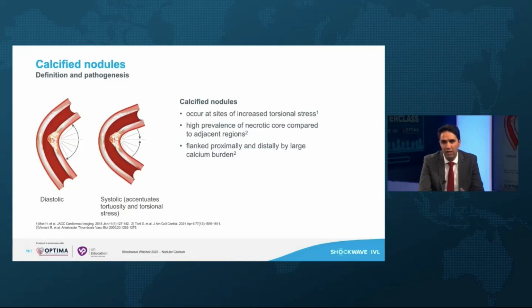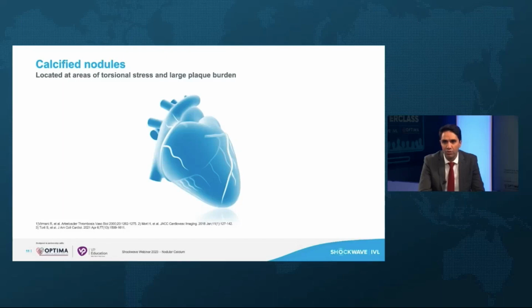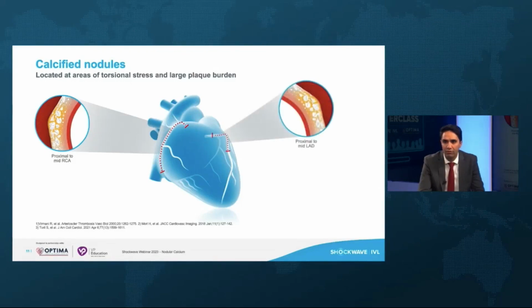So generally, you have about 4 times the magnitude of calcification in and around calcified nodules. So it exists within a large segment of calcification. So what do we know? We know that they're located at areas of torsional stress and large plaque burden. That's the proximal or mid right coronary, the proximal to mid left anterior descending, and the proximal circumflex.